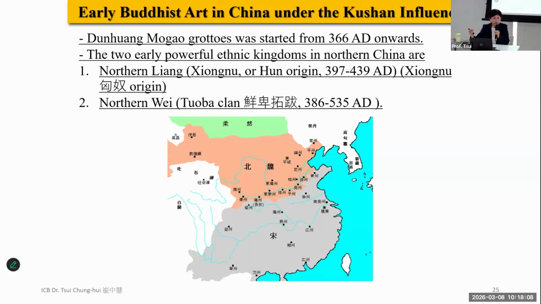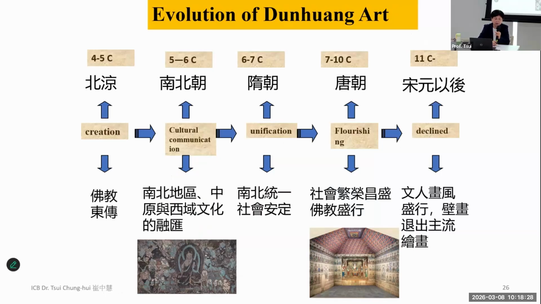Later, following the Northern Liang, another ethnic minority people came, the Tuoba clan of the Xianbei. So the Tuoba Xianbei and the Xiongnu were two very powerful ethnic minority peoples. They occupied Gansu and northern China with the growth of their power.